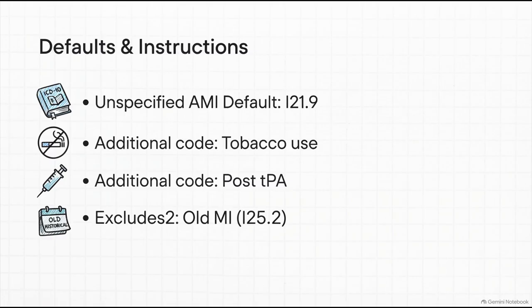You also have to use an additional code, Z92.82, if the patient is status post TPA administration within 24 hours prior to admission. And finally, always check your Excludes2 notes. For example, an old MI, code I25.2, can be coded alongside a current MI if it has significance for the current episode of care. The takeaway here? Don't leave these secondary codes off your claims.